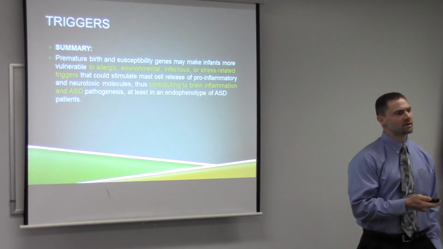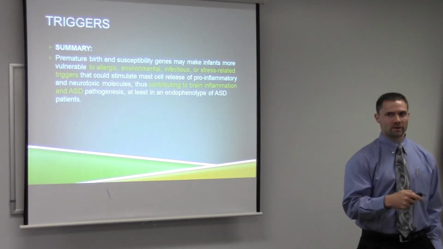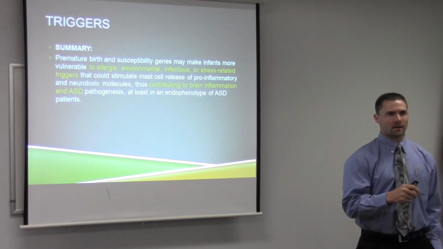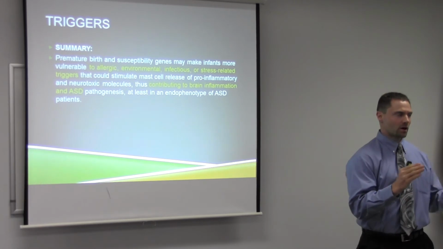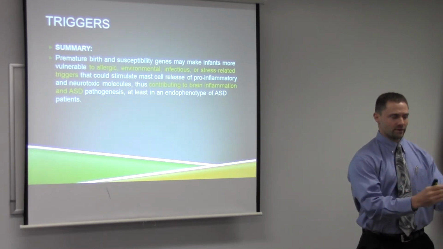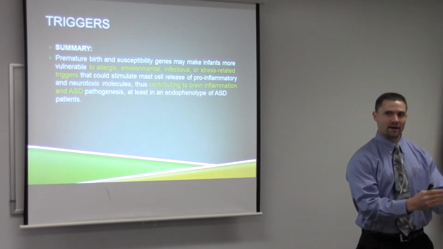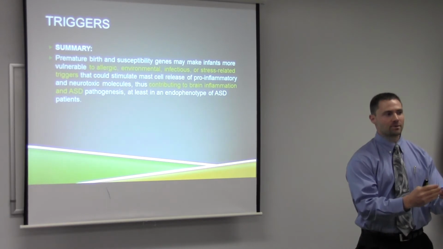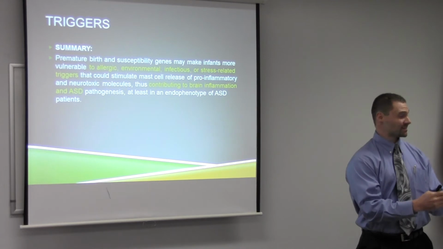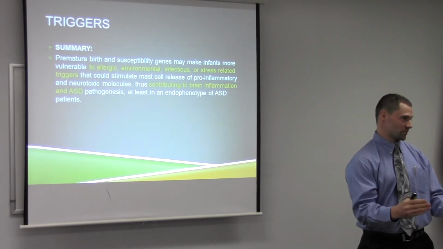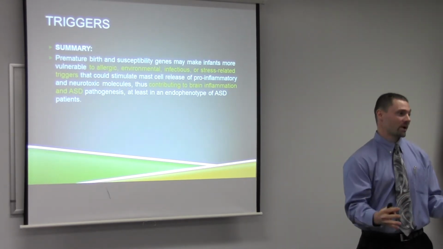So what I want you to see as we're going through this is that it's almost a perfect storm scenario, where you've got to have a couple of things that all come together at the right time to drive the neuroinflammatory process that may lead us to autism or anywhere on that spectrum, whether it's PDD or whatever it is.